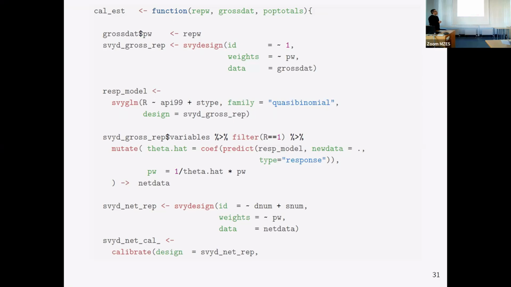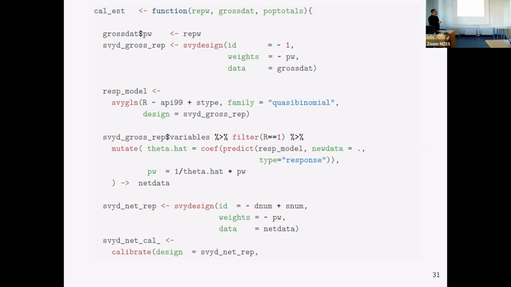I'm only defining here the weights, and that's fine. And then I'm re-estimating the response propensities. This is just R code adding the new probability weight that adjusts the replication weights by the estimated response propensities. That's my new probability weight.